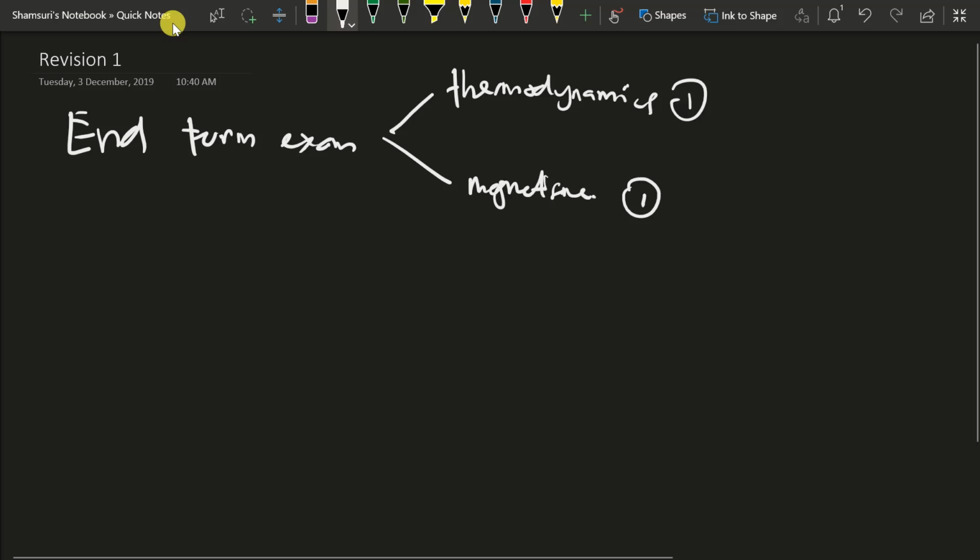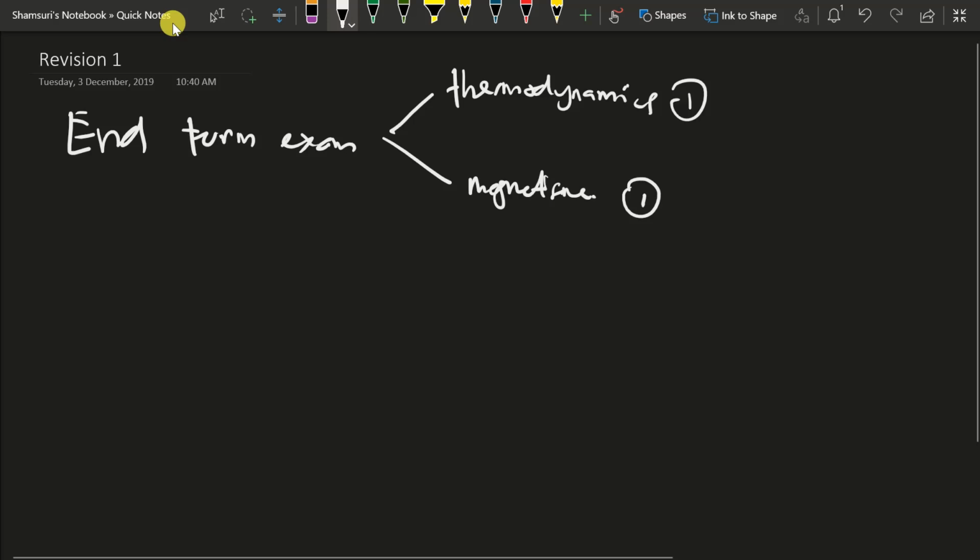One more thing I have to tell you: we provide the equations in the exam, so you don't need to remember the equations. However, you have to know how to use them, which equation is for which question that you need to do.